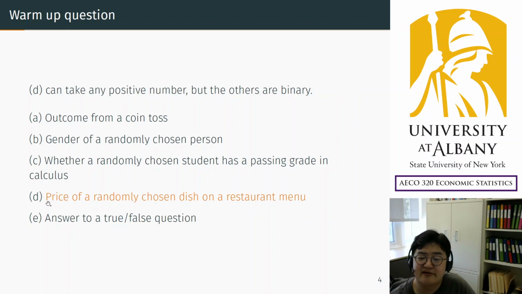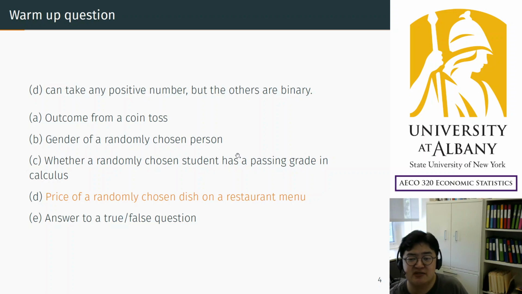The price of a dish is a number. It is a real, positive number. But all the other random variables have a yes or no structure. Outcome from a coin toss can be either heads or tails. Gender can be either man or woman.